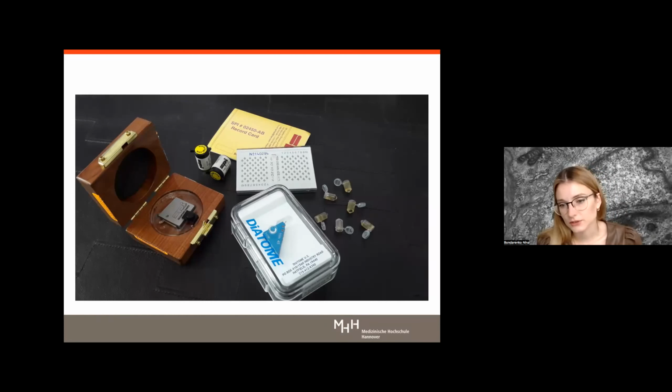What is the difference between a glass knife and a diamond knife for cutting ultra-thin sections? It's the duration of usage. How long can you use this knife? A glass knife only for, let's say, 20 sections, while a diamond knife you can use for a long time, years, for example.